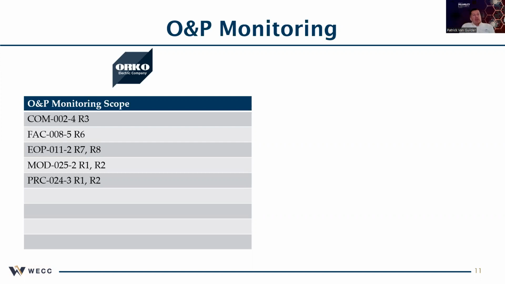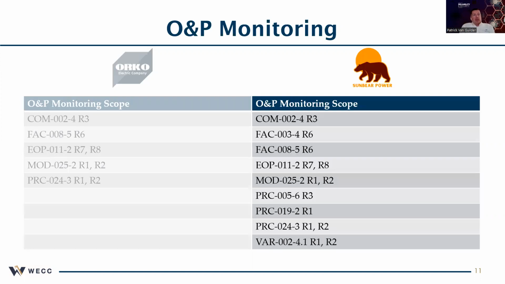So next, we can see Sun Bear has very similar requirements associated with it, not just the communications or the facility ratings, but we've also had concerns about maybe their vegetation management, a couple more of their protection system maintenance items, and some voltage control.